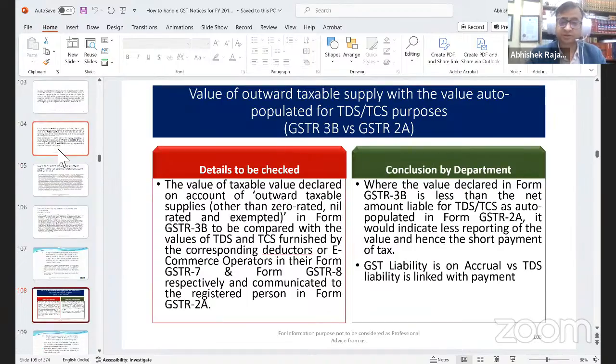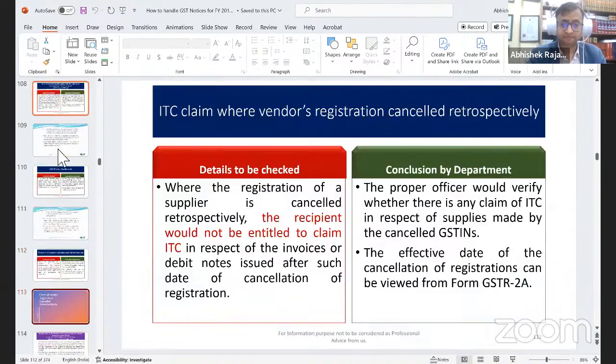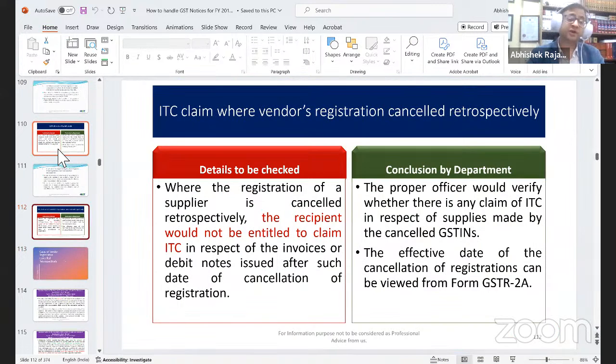But what about the cases where registration of vendor has been cancelled retrospectively? Now, if we go with this, we have so many judgments in this. Now, how to frame an argument for this?